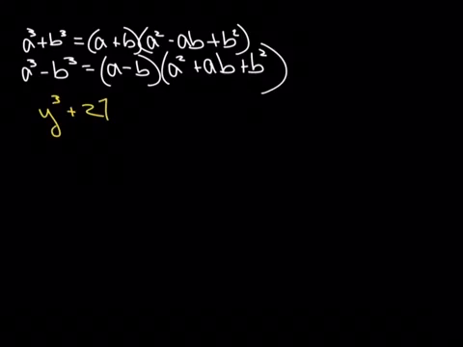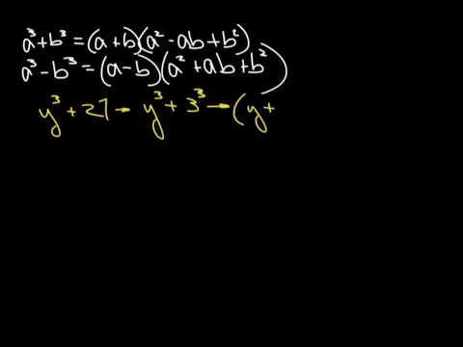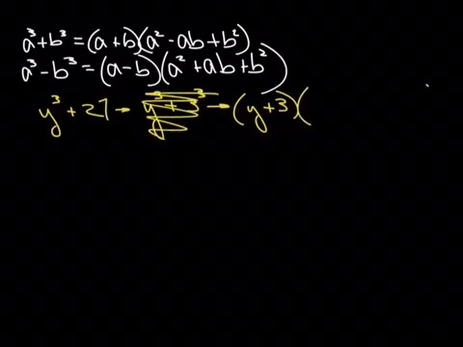Okay, we already did that one, but just to look at it again, remember we take the second number and make it into a cube. Then we do the first part, a plus b, y plus 3. Cancel all that out. Square the first number or term, letter.